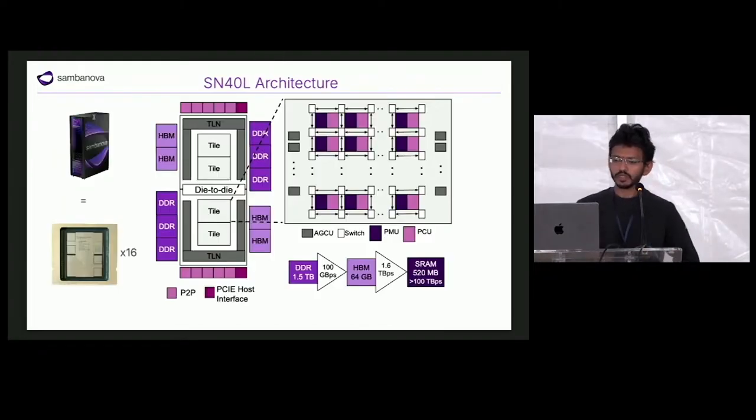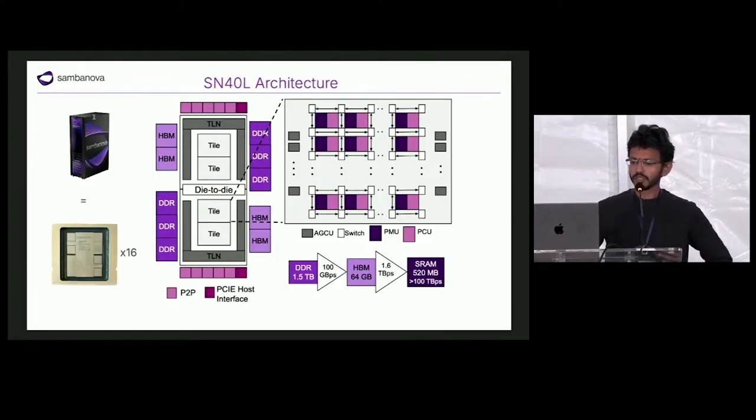Diving deeper, each of the products that we have has a rack backing it, and each rack has around 16 RDUs. These RDUs are basically the inference serving engine that we have. Each RDU has compute, which is in the form of tiles, and the backing memory is HBM and DDR.